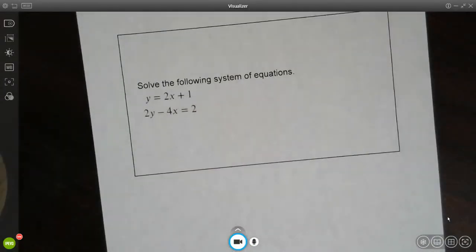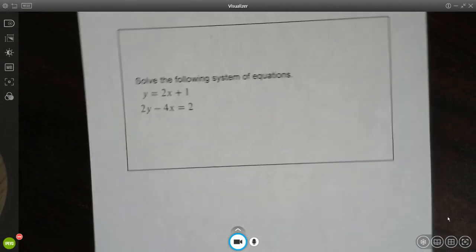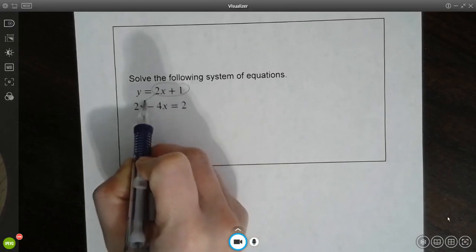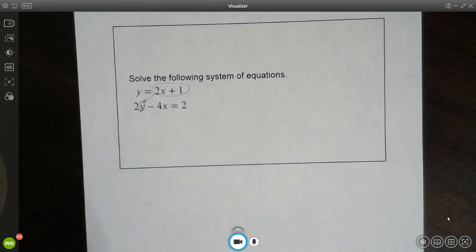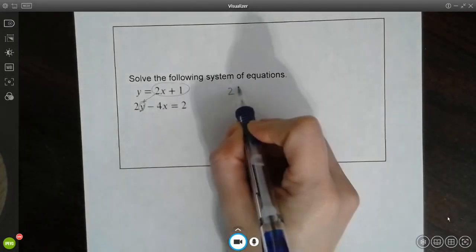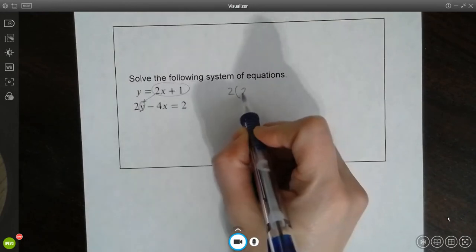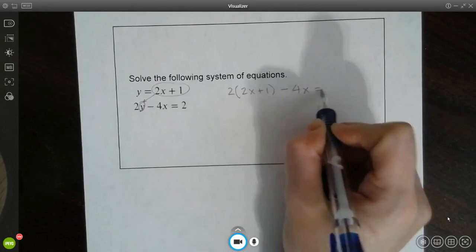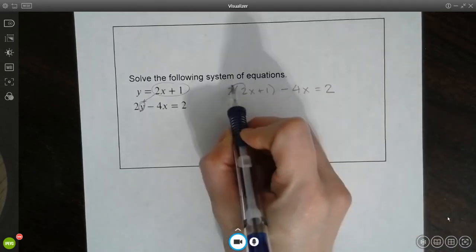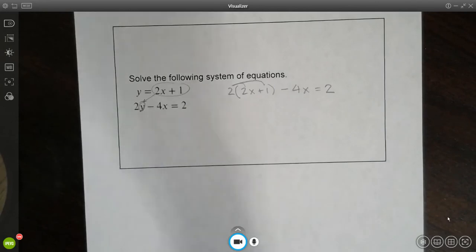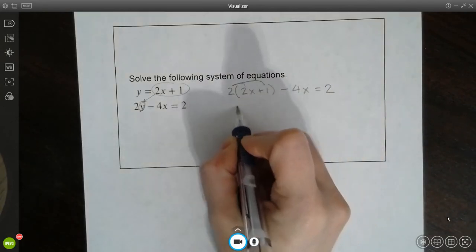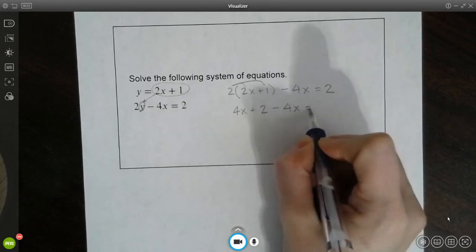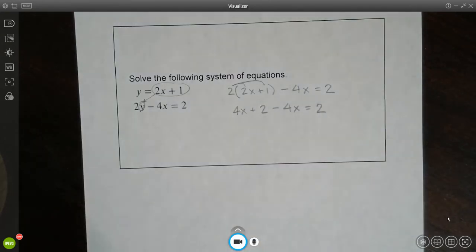And our last example looks like this. I'm going to take this and replace where I see y. So I have 2 times that whole statement minus 4x equals 2. Going to distribute that. So I'll have 4x plus 2 minus 4x equals 2.